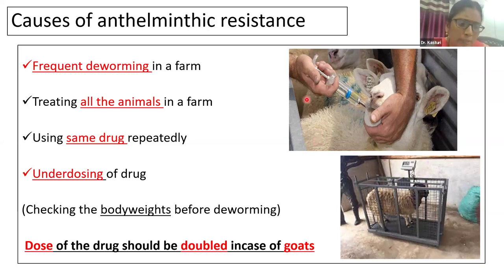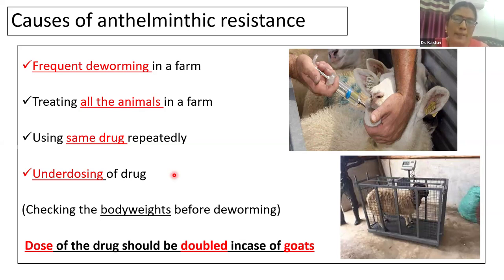The important point to remember is extrapolation of the dose. Extrapolation of the dose means you know the dose of a particular drug in only one species, and you don't know the dose recommended in other species. So when you use the same dose in both animals, it can result in underdosage in a particular species.